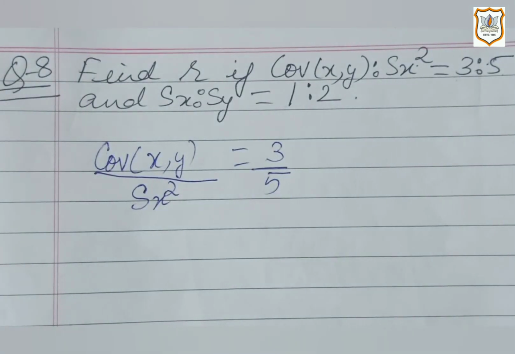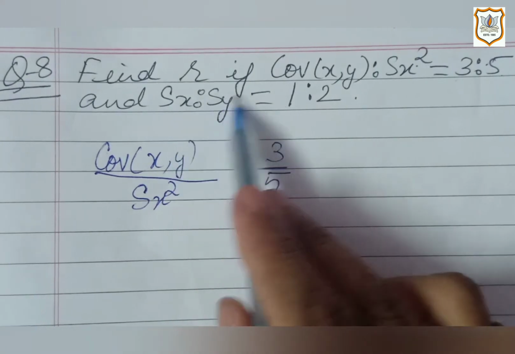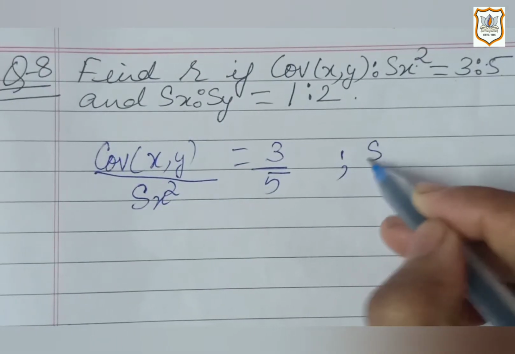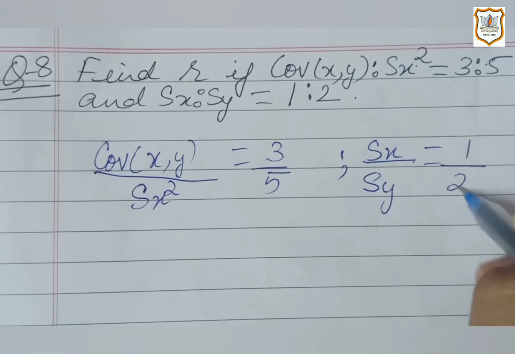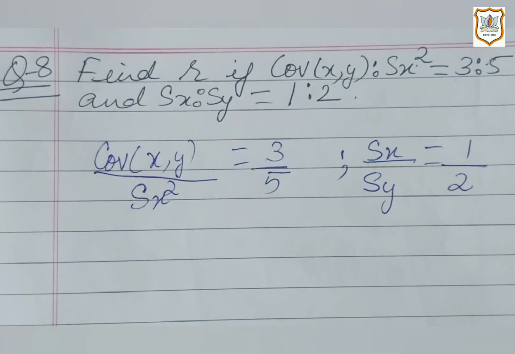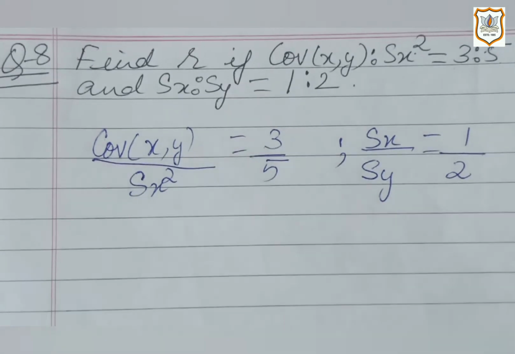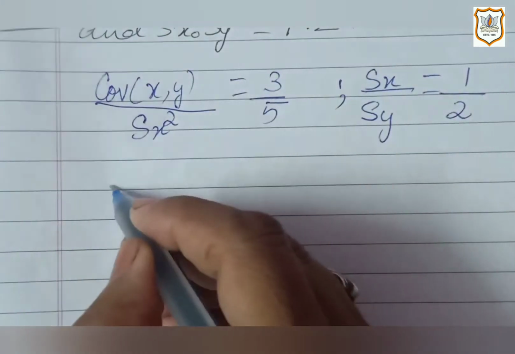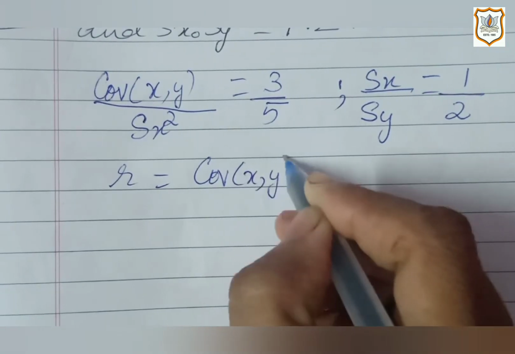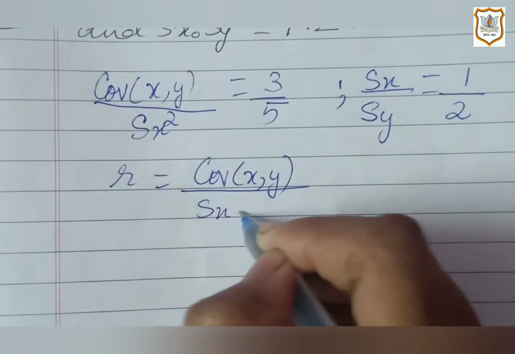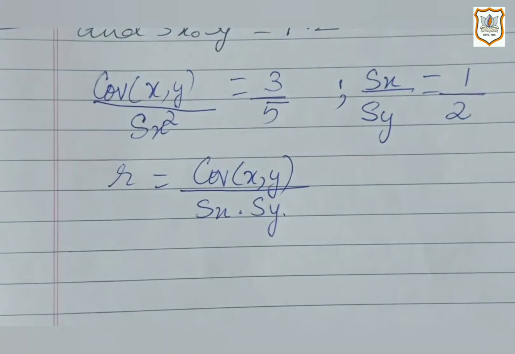The next thing from this data, Sx is to Sy, we can get Sx upon Sy is equal to 1 by 2. Now you know this formula, that is R is equal to covariance xy upon Sx into Sy.